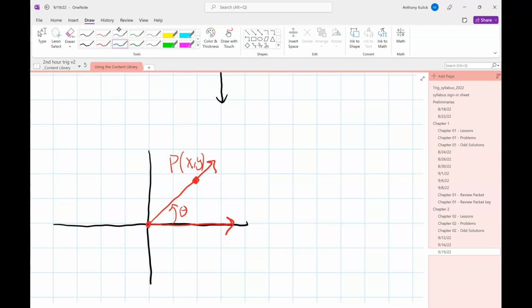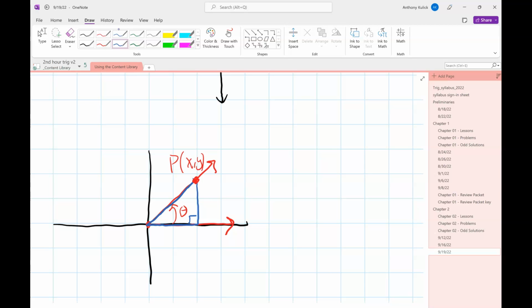So what can I do with this? If I look at this angle, what does it almost look like? Almost looks like a triangle, right? If I drop a perpendicular from that point P back down to the x-axis, in fact, I've created a right triangle.